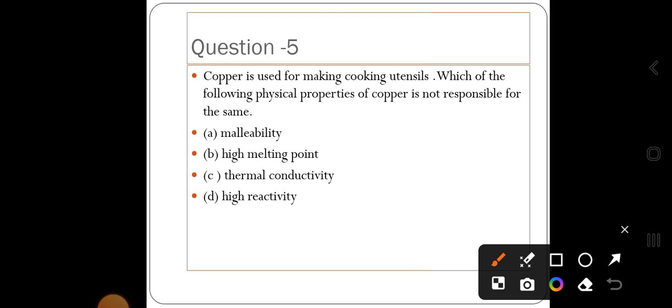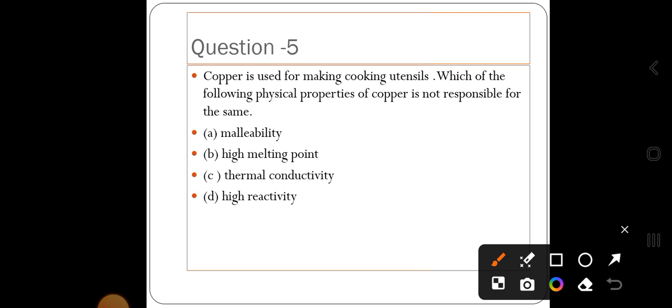And second is high melting point. It has a very high melting point. That's why it is used in cooking. Otherwise, just imagine the moment you switched on the stove the copper would melt. Then it is not possible to make any dish using copper as a utensil. And the third is thermal conductivity. Because it has thermal conductivity, the food gets cooked well in a copper vessel.